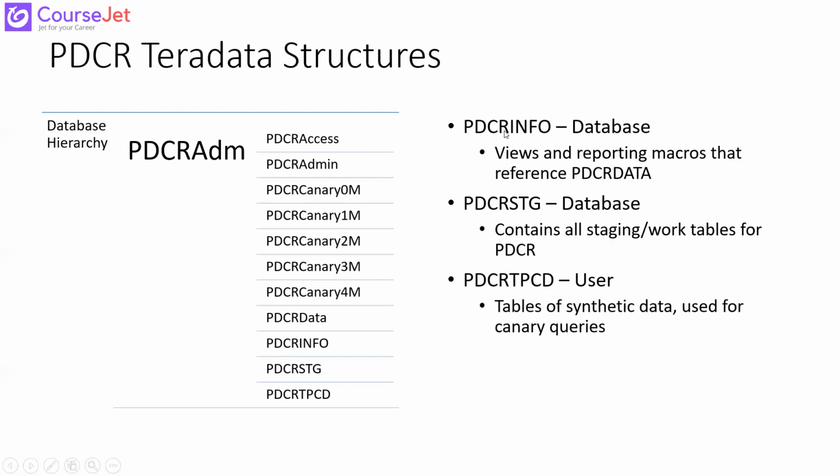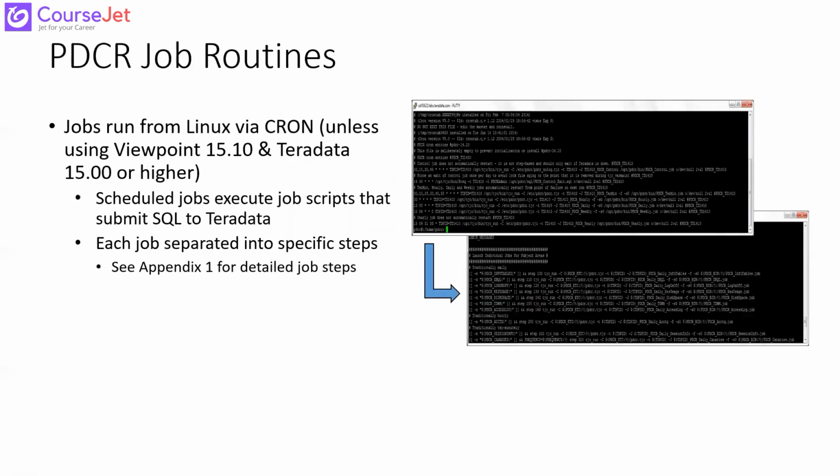So we will be fetching the data from PDCR info only. This is how the data are moved: scheduled jobs execute the job scripts, and that SQL runs on Teradata.